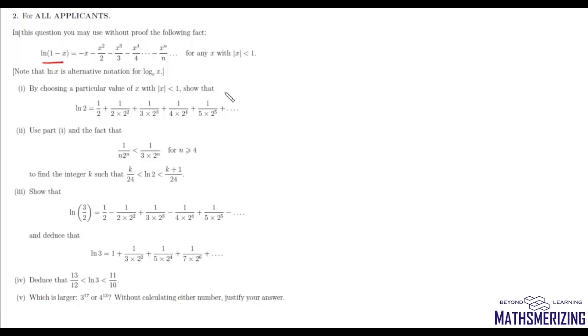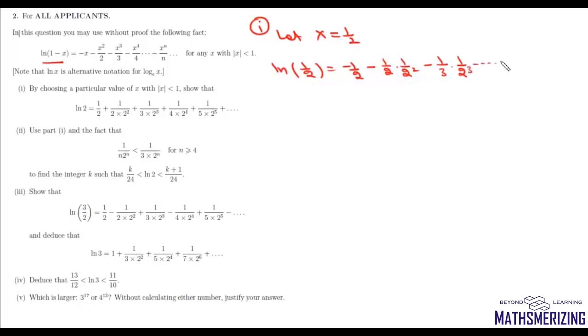Now in this, what we'll simply do is we'll let x as 1 by 2. So for this first one, we'll substitute x with 1 by 2. So it'll be ln 1 minus 1 by 2 is 1 by 2. And here we'll get minus 1 by 2 minus 1 by 2 into 1 by 2 square minus 1 by 3 into 1 by 2 cube, and will continue. Now ln 1 by 2 is minus ln 2.